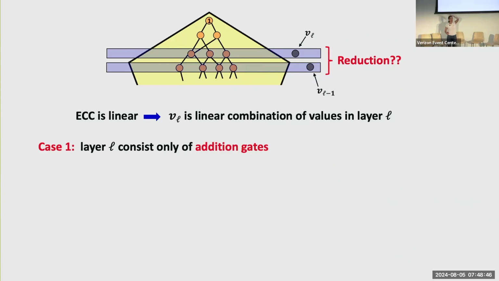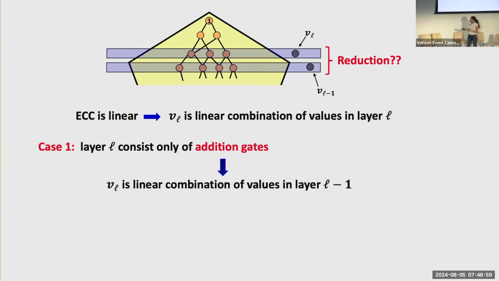So now there are two cases. Either we're in an addition layer, where all the gates are addition gates, or we're in a multiplication layer, where all the gates are multiplication gates. If they're all addition gates, then the value VL is not only a linear combination of the values of the gates in layer L, it's also a linear combination of the values of the gates in layer L minus 1, because addition is linear.